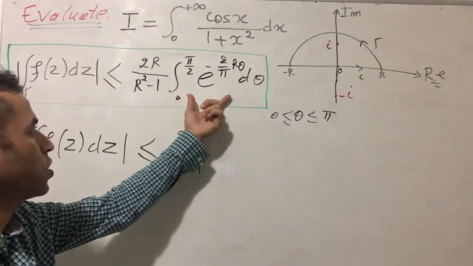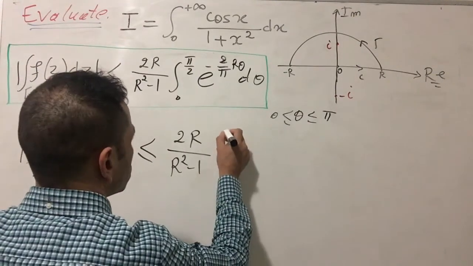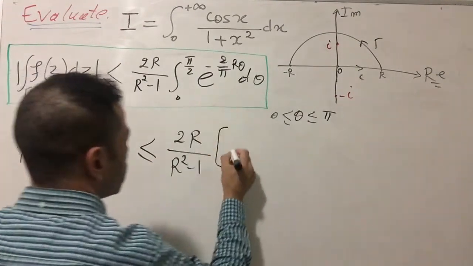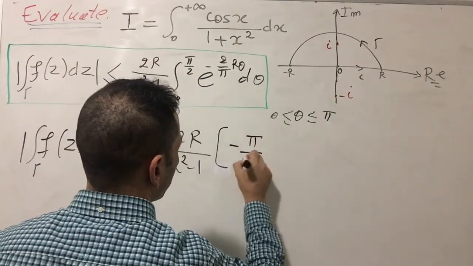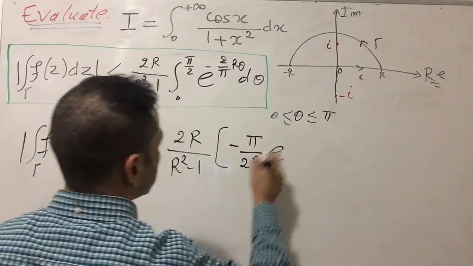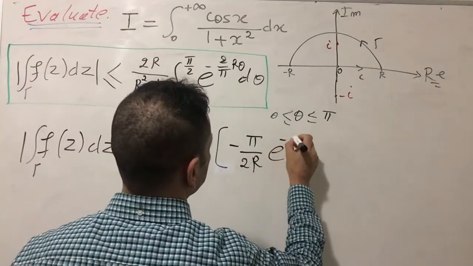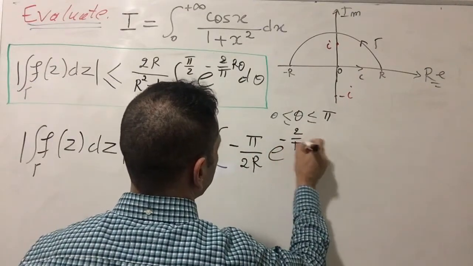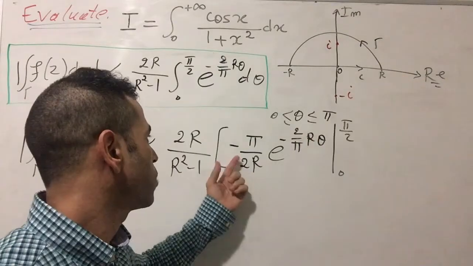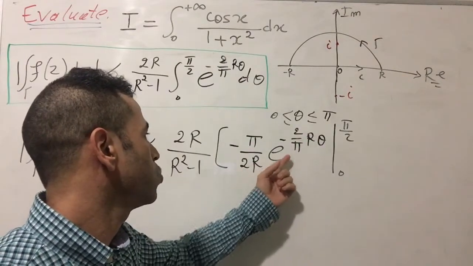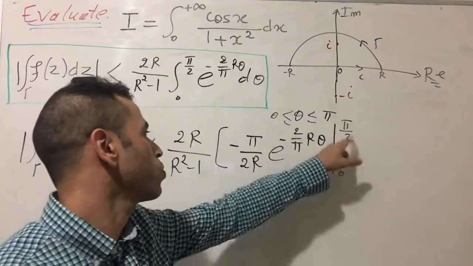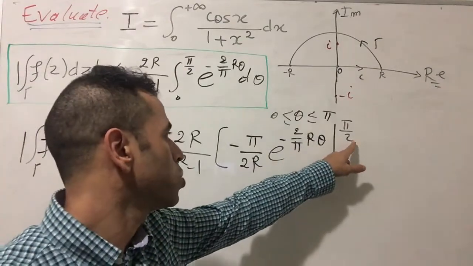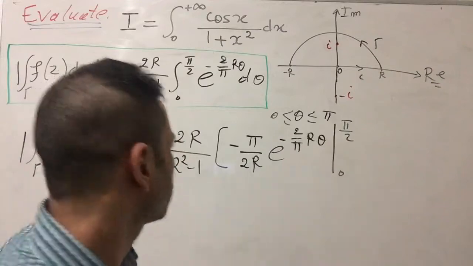Now I'm going to evaluate this integral simply. So the primitive of this one is minus pi over 2r multiplied by e to the minus 2 over pi r theta, with the bounds from 0 to pi over 2. So I'm going to insert pi over 2 into theta.